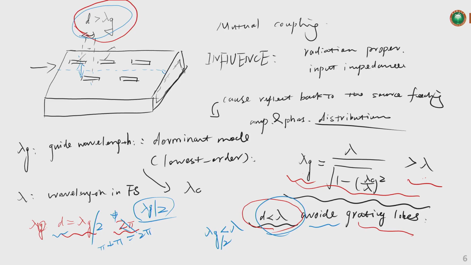So this is a rough design for the slot antennas or slot antenna arrays on a rectangular waveguide. And there is another condition that we need to consider, for example, the longitudinal slot arrays.